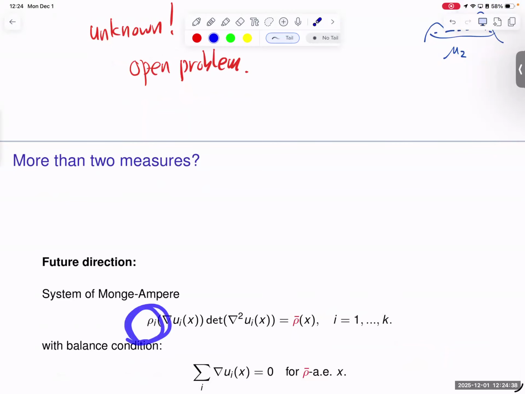I suppose your marginal densities are smooth, and if we knew that the ui's are smooth, then rho bar should be smooth. But the thing is, we do not know the smoothness of ui. You cannot apply the usual regularity theory of Monge-Ampère because we do not know about this rho bar, right?